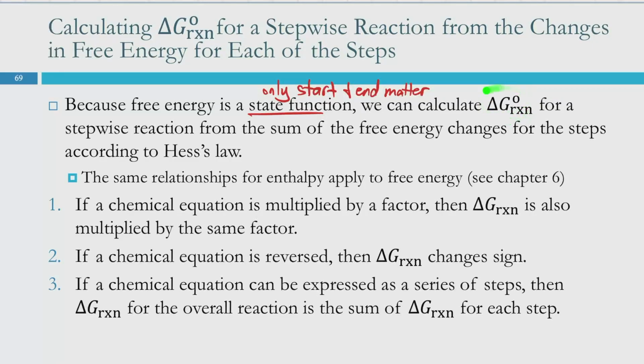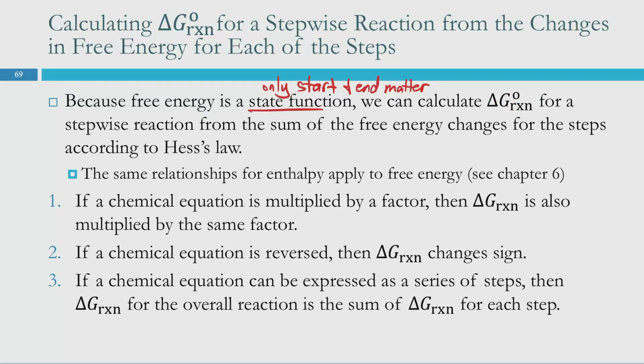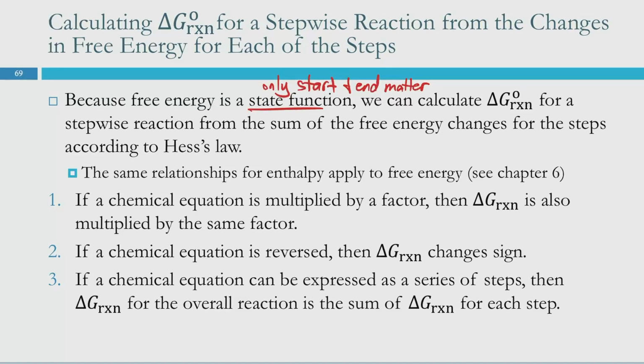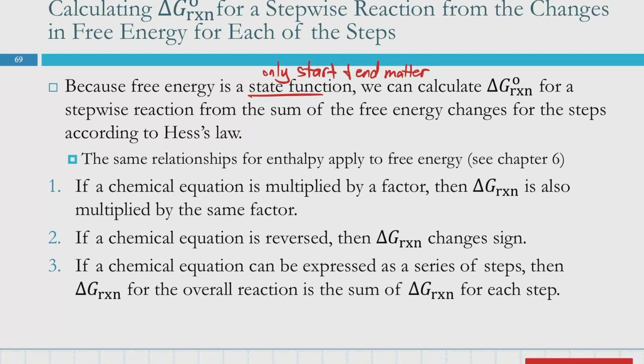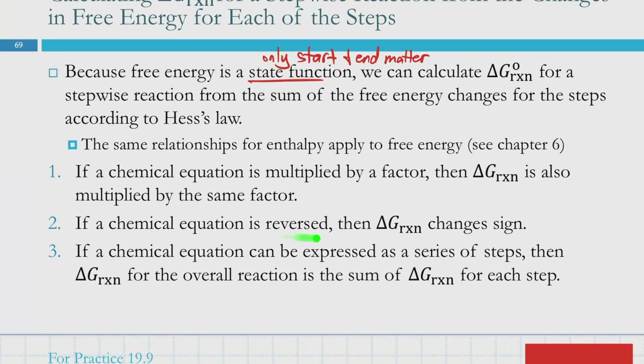So we can calculate our delta G 0 Rxn for a stepwise reaction, just like Hess's law. And we've got some rules. If a chemical equation is multiplied by a factor, our delta G is also multiplied by the same factor. If a chemical equation is reversed, if we flip the products and the reactants, then our delta G changes sign.